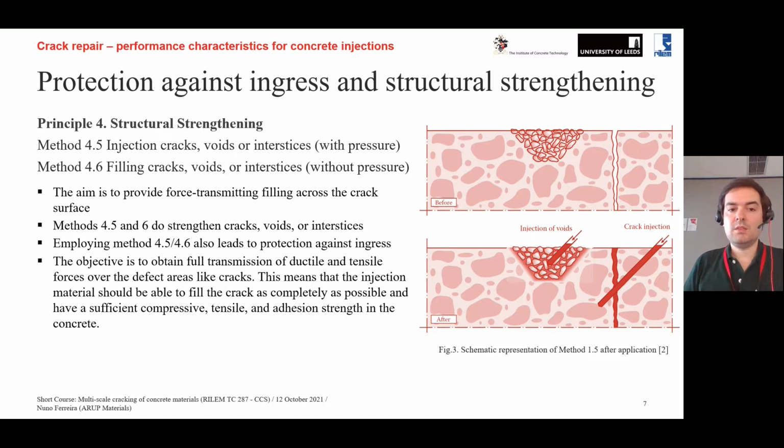So the objective is then to obtain a full transmission of compressive and tensile forces over the defect areas. This means that the injection material should be able to fill the crack as completely as possible and have sufficient compressive, tensile, and adhesion strength in the concrete. This is one of the fundamental differences between this use case and the previous one, in the sense that from a quality control perspective, we may have to extract cores to really verify that we are indeed providing structural strengthening.